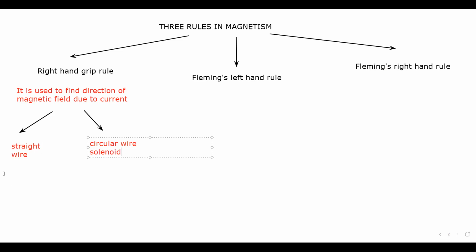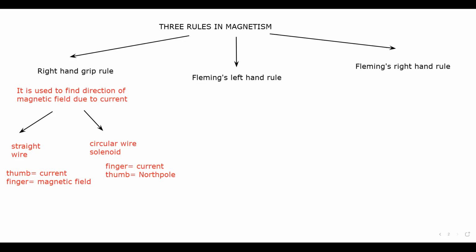For a straight wire, your thumb will represent the current and the fingers will show the magnetic field. But for a solenoid, it will be opposite. The fingers will show the current and the thumb will represent the north pole of the magnetic field.